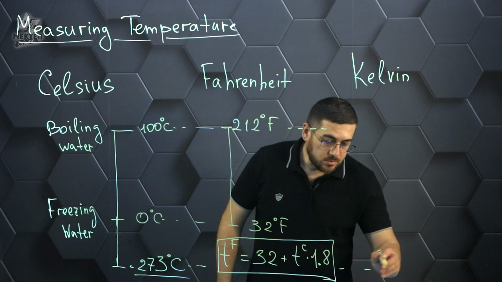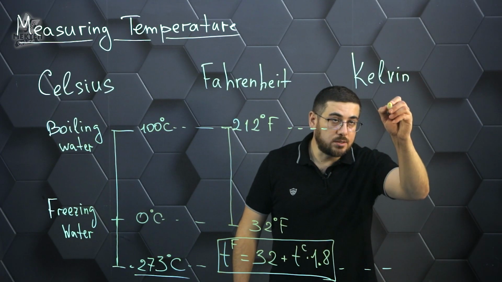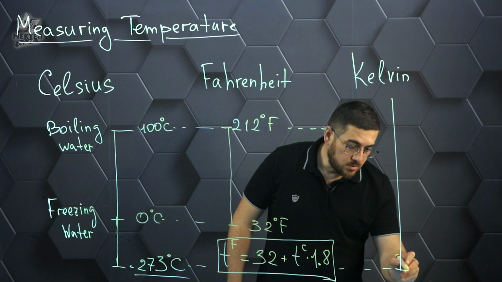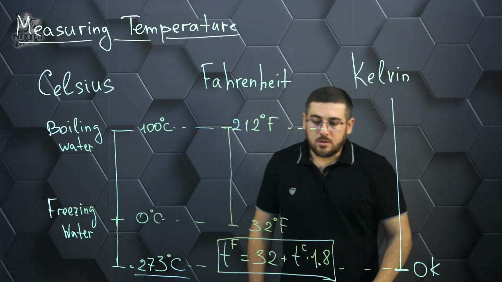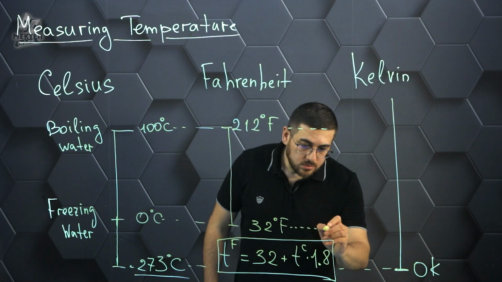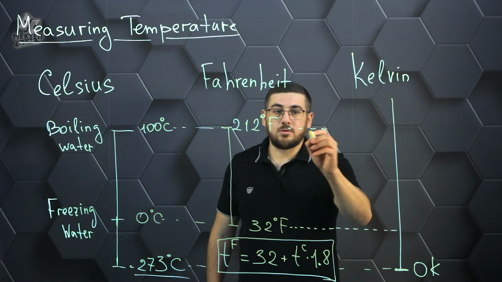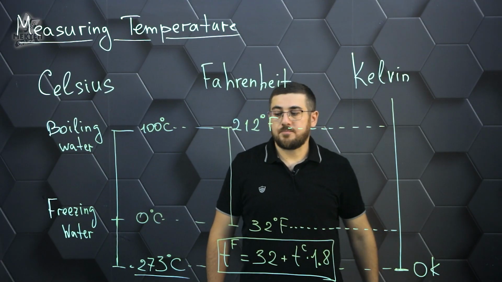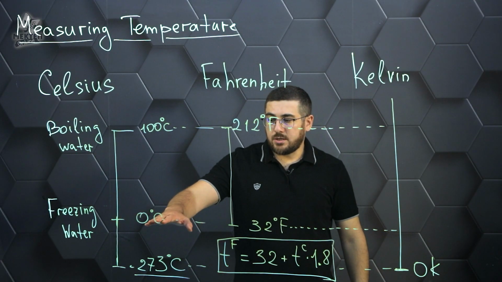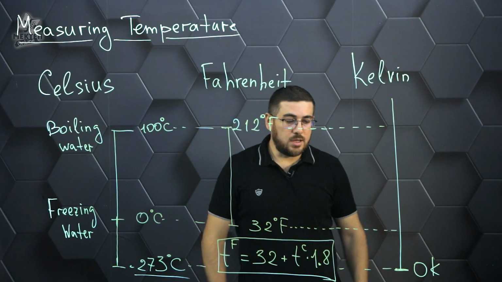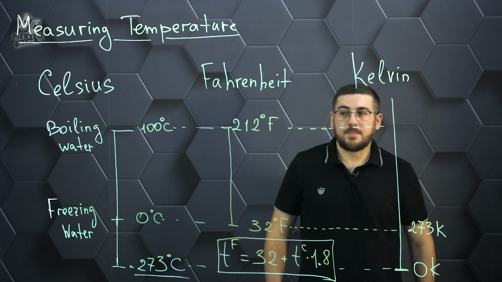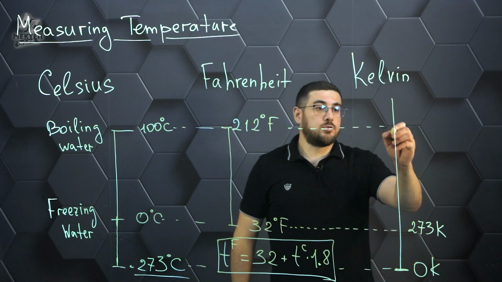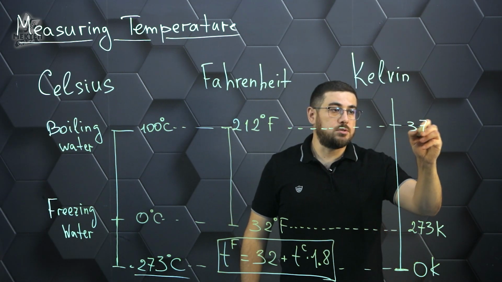This temperature has its own value, 0 degrees Kelvin. And by drawing further parallels, we can show that 0 degrees Celsius or 32 degrees Fahrenheit corresponds to a temperature of 273 Kelvin. And respectively, the boiling temperature corresponds to a value of 373 Kelvin.